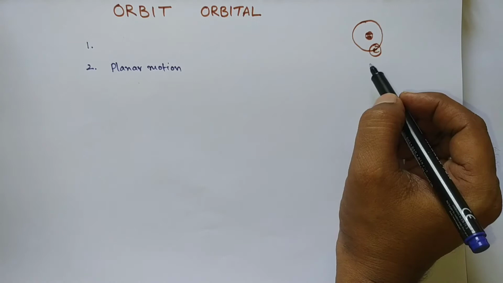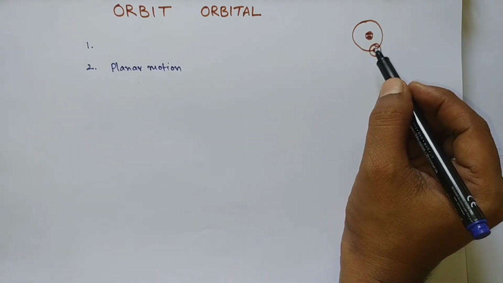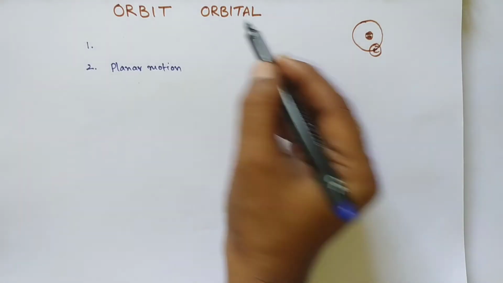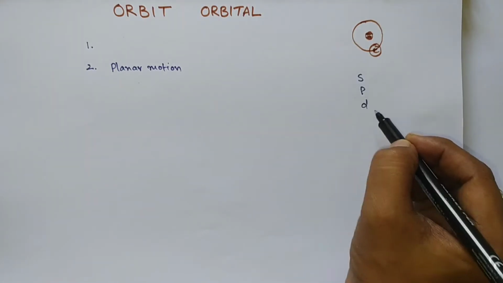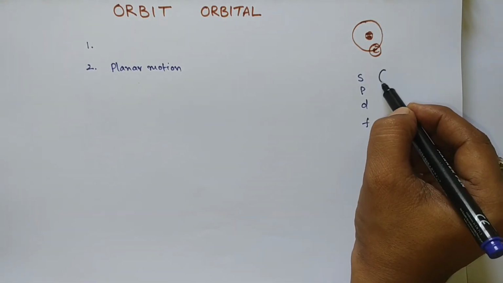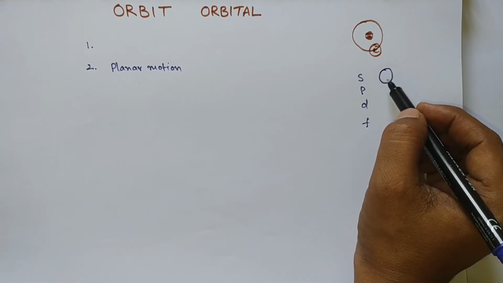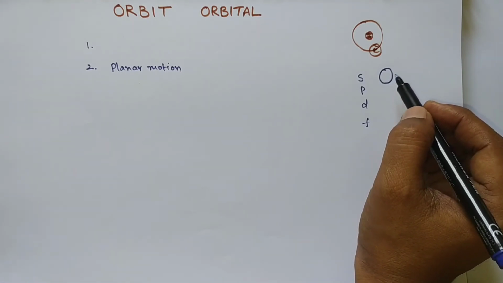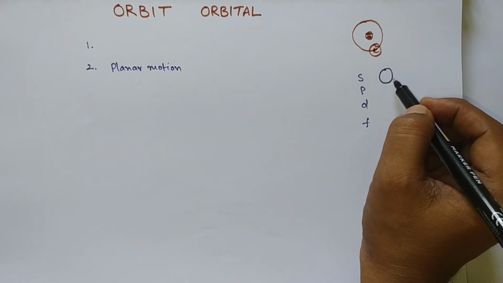Whereas in case of orbitals the electron is revolving in 3-dimensional motion. Suppose if you take orbitals, there are different orbitals, s orbital, p orbital, d orbital and f orbitals. The shape of s orbital is spherical, that means it is a sphere, but not a circle. The spherical body is a 3-dimensional body, that is why the electron is revolving in 3-dimensional space.